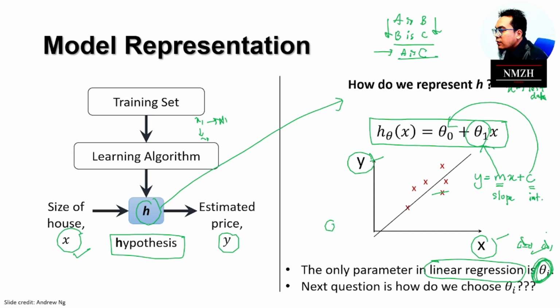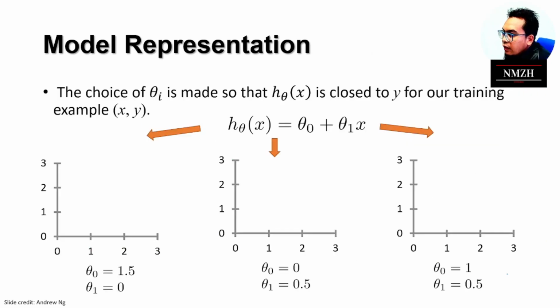That will be interesting. For example, this is the true example. The choice of theta i is made by h theta x. So h theta x over here is this function, guys.